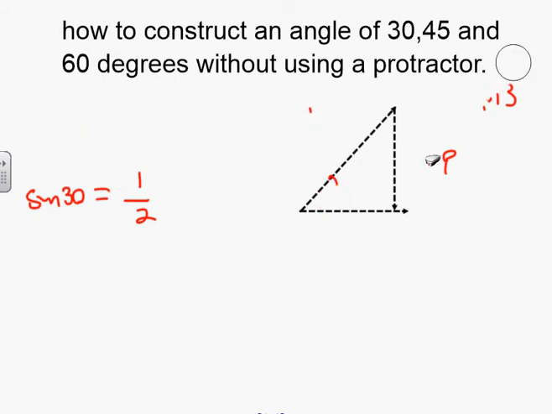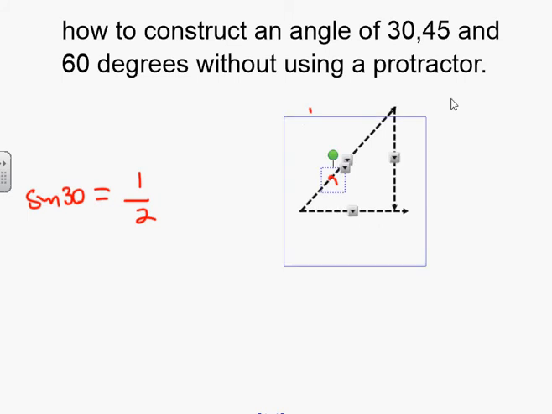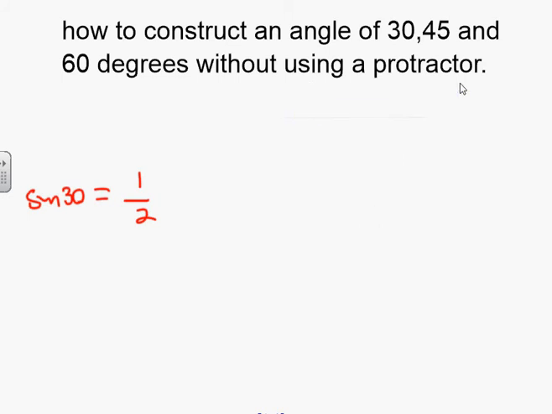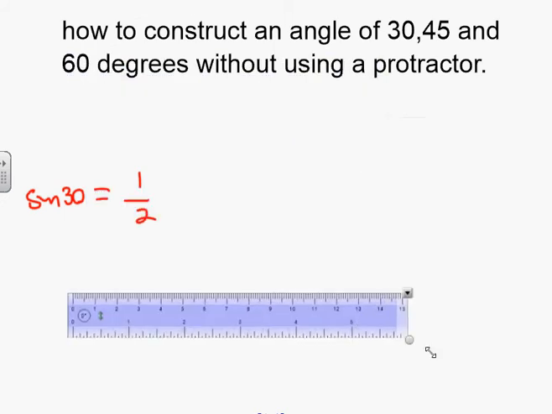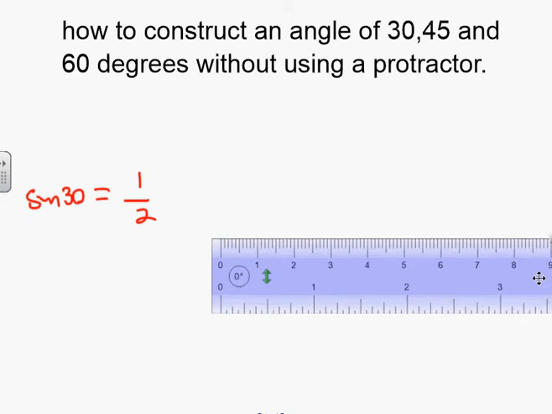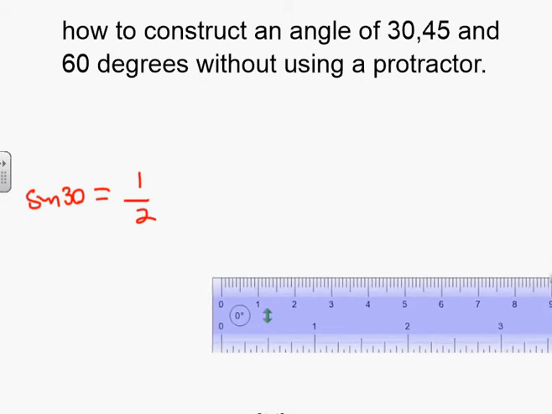Now let me show you how to do this. To draw an angle of 30 degrees, all we have to do is this. Get your ruler out. I'm going to enlarge it just to sell the point home here. So that's large there, and I'm going to get my compass out. What we have here, guys, is that the opposite is 1, and the hypotenuse we don't know.